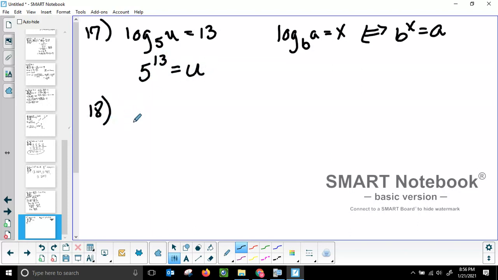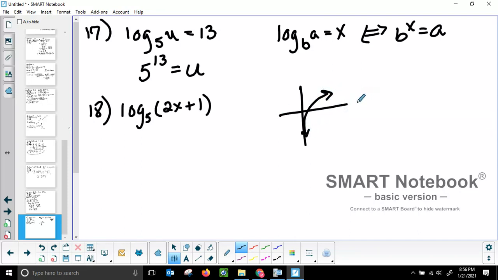18 says, find the domain of log base 5 of 2x plus 1. Now we know that our parent function, log base 5, would be from 0 to infinity, not including 0. Well, what does this do here? We have two different transformations going on.